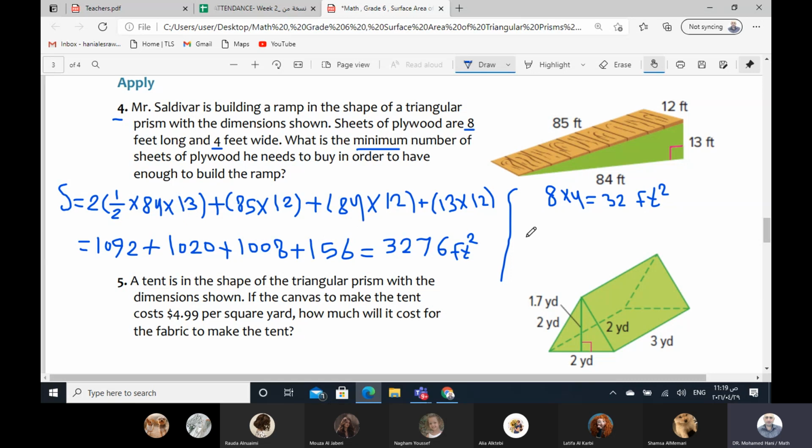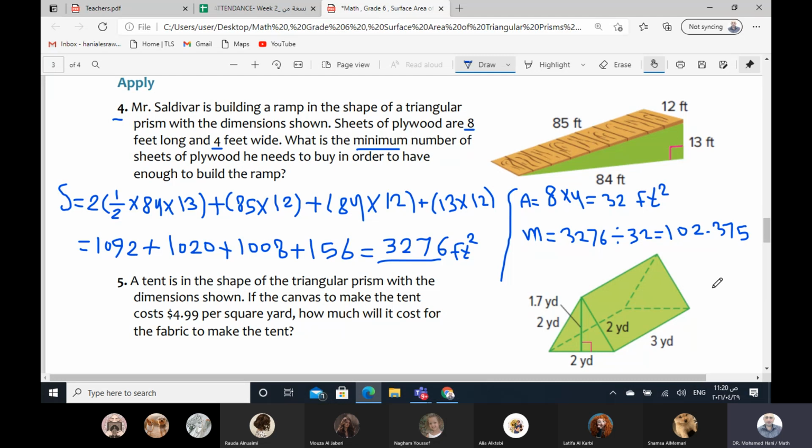So now the minimum will be 3276 divided by 32. So the answer will be 102.375.